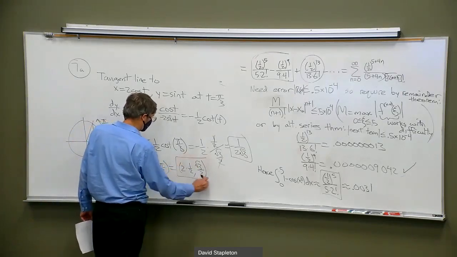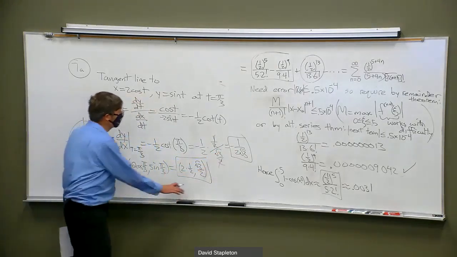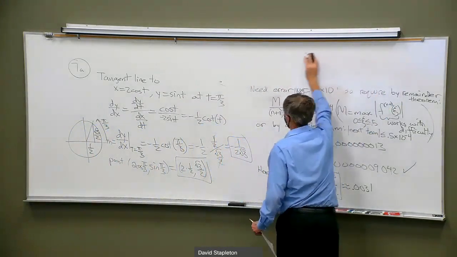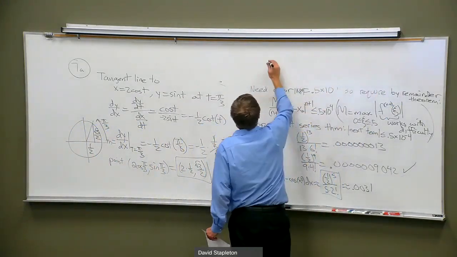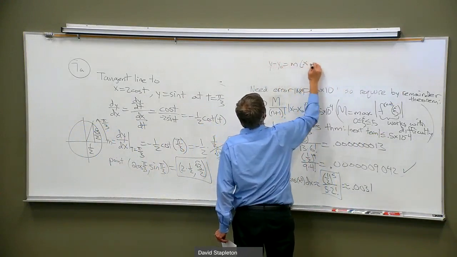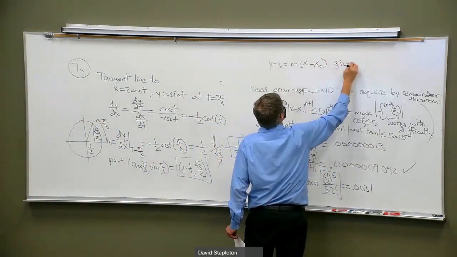If I have a point and I have a slope, then I can write the point slope formula. That's what you often do in calculus to calculate a tangent line. We find the point, we find the slope, write the point slope formula. So it's y minus y naught equals m times x minus x naught, the point slope formula from algebra.